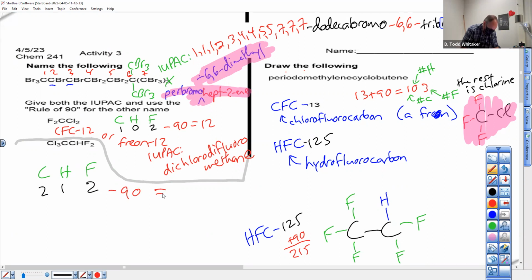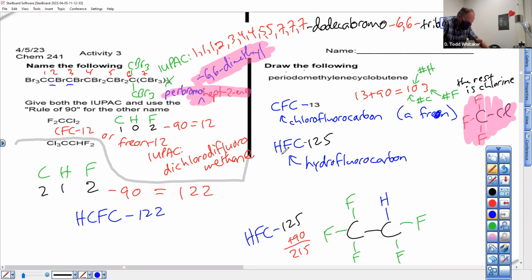No. 112 will be 22. 122. So CFC, HCFC 122. How come I had to change the initials from this one?